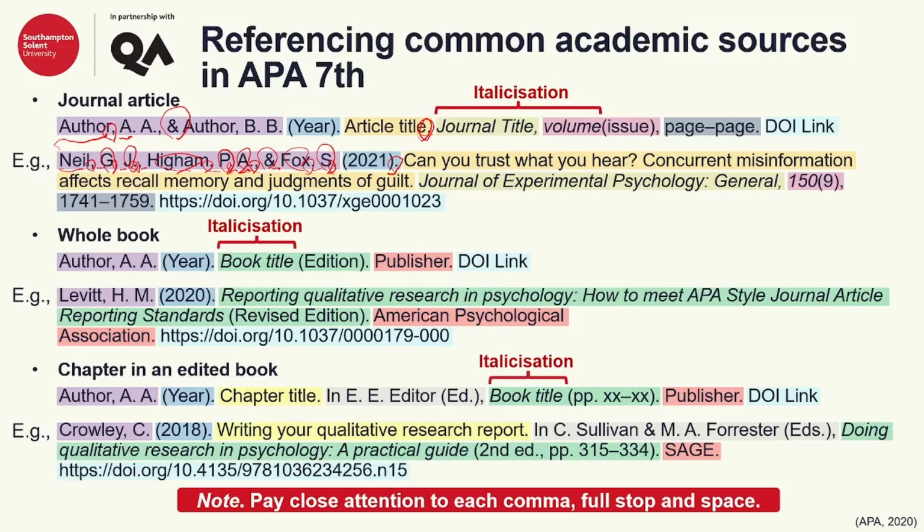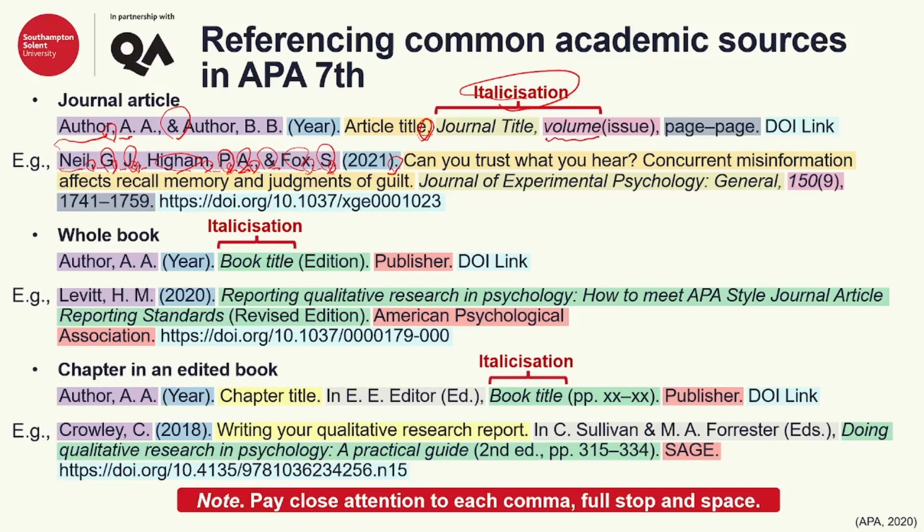The next part provides the journal information. The journal title is written in title case and is italicized. Title case means that the main words in the journal title begin with capital letters. The volume number is also italicized.